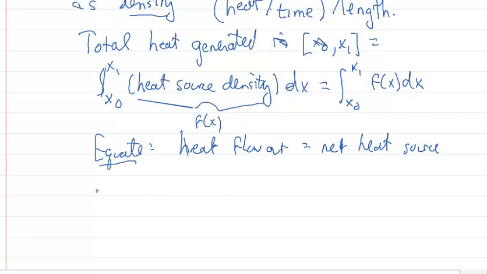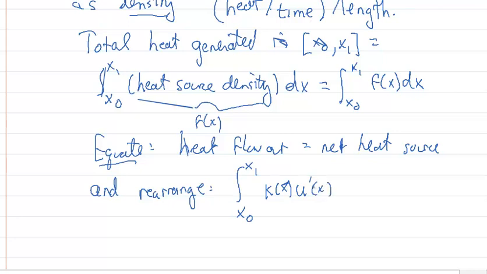Now if I rearrange, I can put both integrals on the same side and put them under the same integral sign, so I'll get the integral from x0 to x1 of kappa of x times u prime of x, minus f of x dx equals 0.